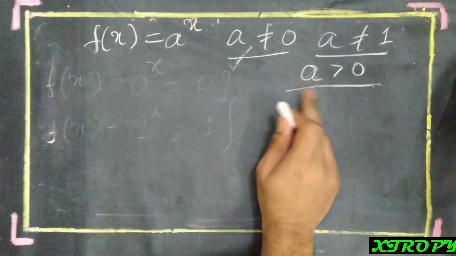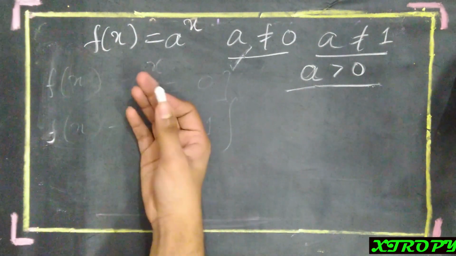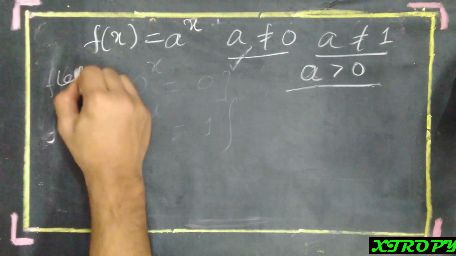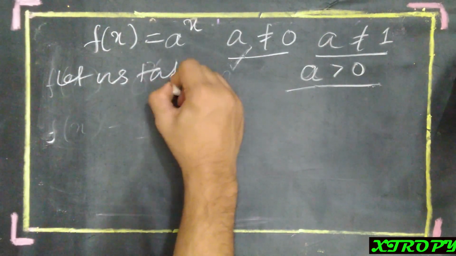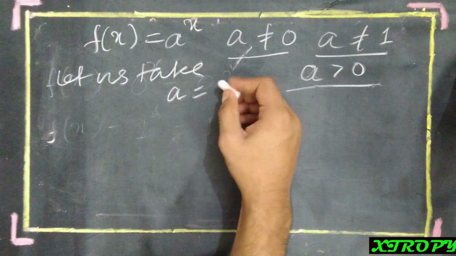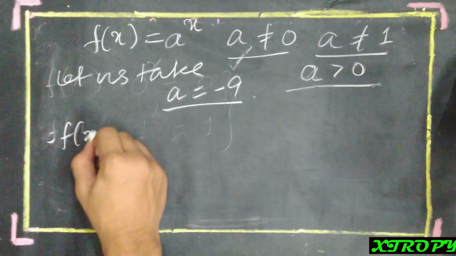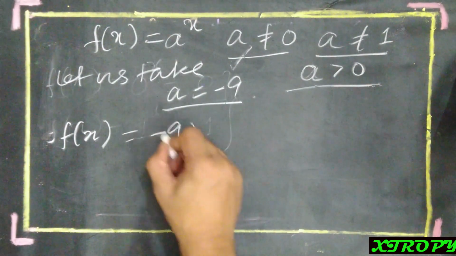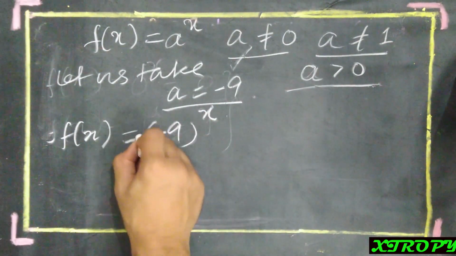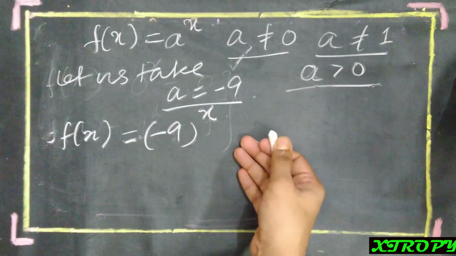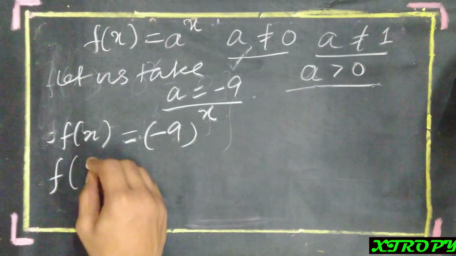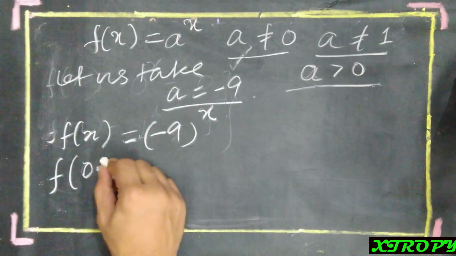So why do we avoid negative numbers in the base? For example, let us take the value of a to be, suppose, minus 9. Okay, so f(x) will be minus 9 raised to the power x. Now x can be any value, so x can also be 0.5.